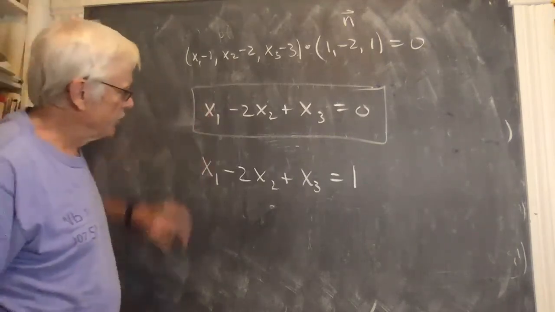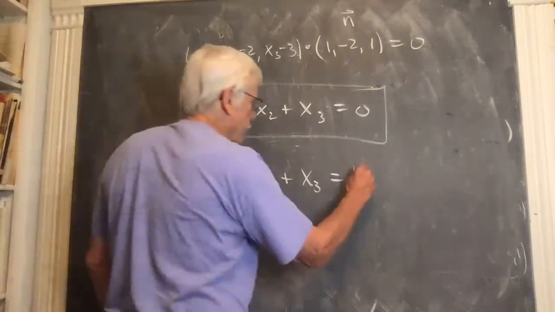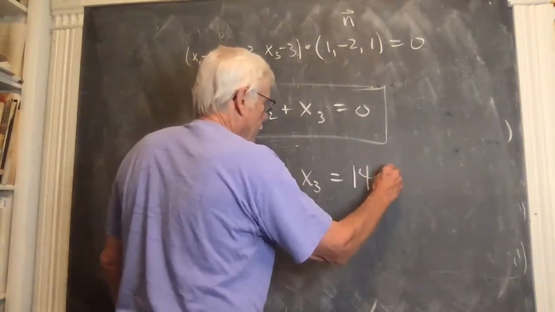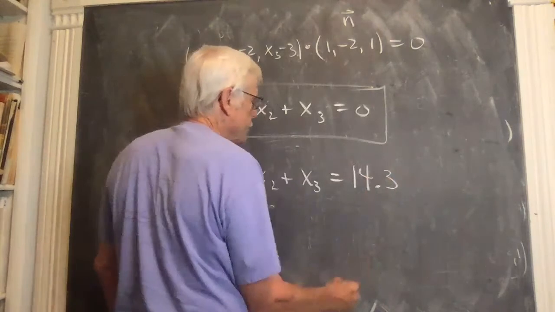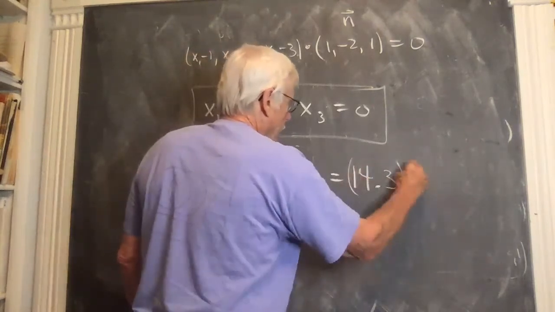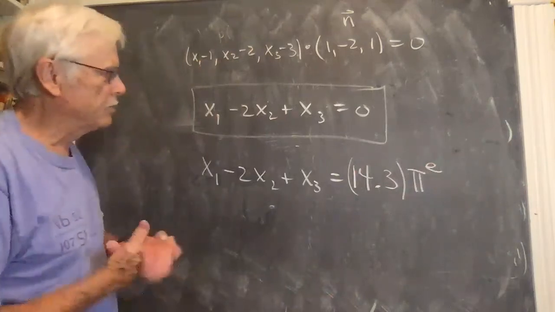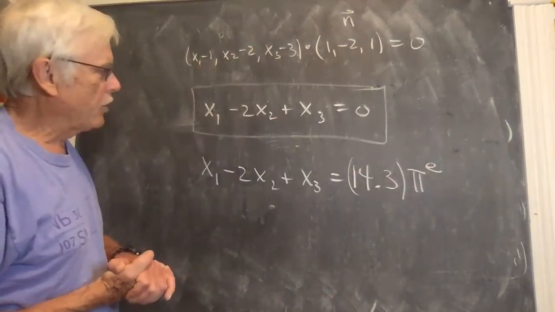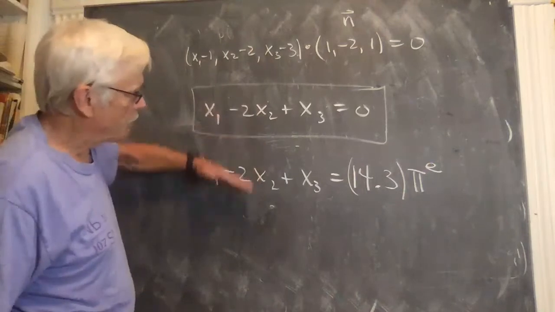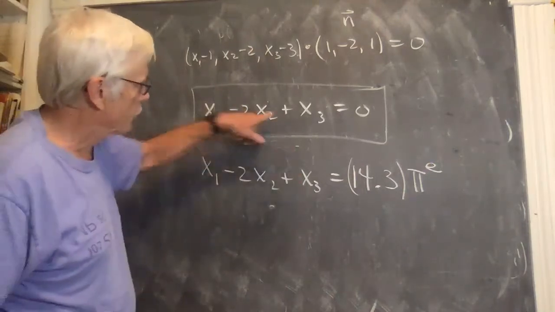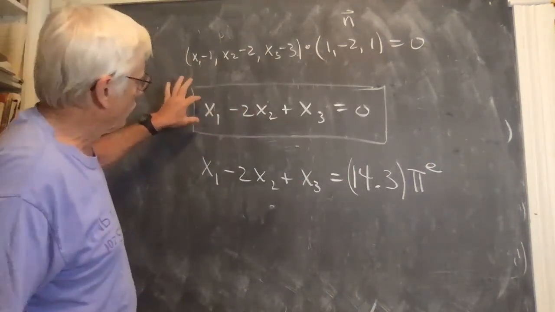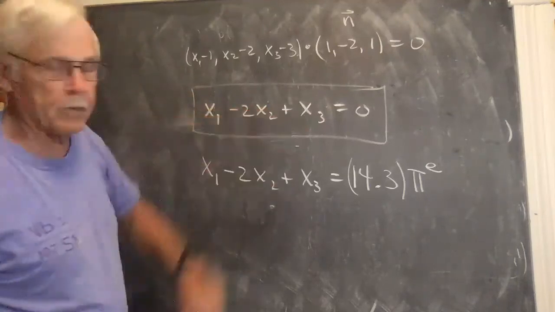So these are parallel planes, or this could have been 14, or 14.3, or 14.3 times pi to the e power. Just any constant here will make that any change here. These are parallel planes because these coefficients are the same. They have the same normal vector. (1, -2, 1) is normal to all of them.